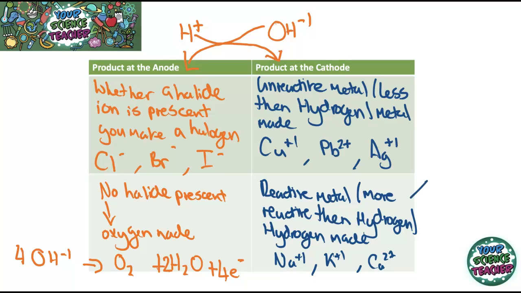And what actually goes on at the cathode in this example is I go from my hydrogen ions to making hydrogen gas. The way to do that is by gaining electrons. And you'll see some fizzing at the electrode because hydrogen, remember, is a gas.